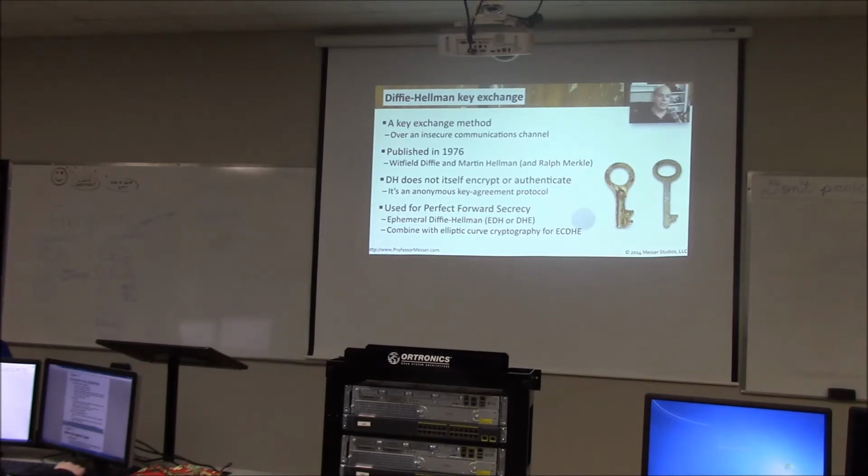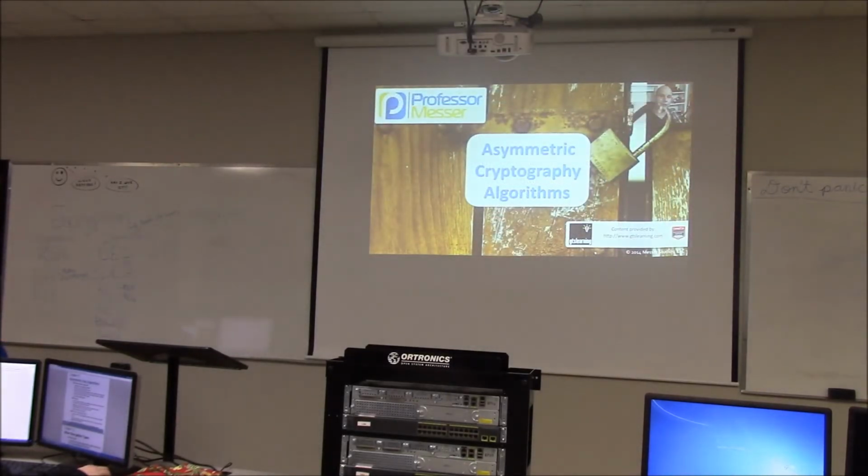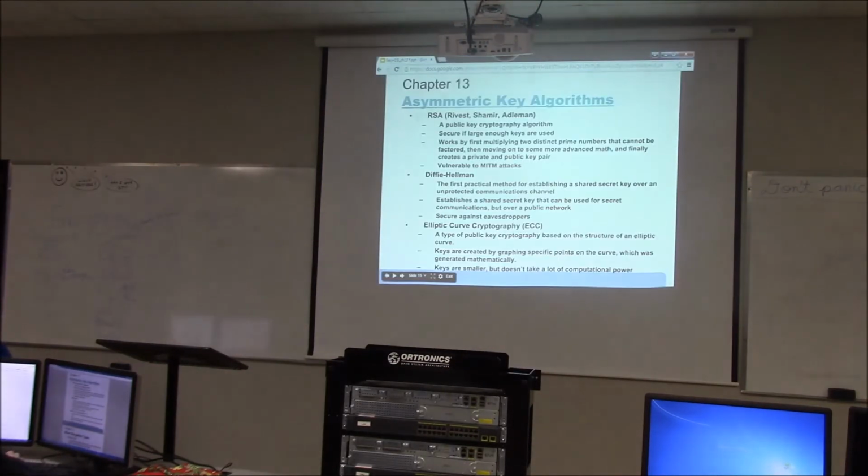So if you ever see a server using a key exchange method of ECDHE, it's really referring to this method that we commonly call perfect forward secrecy. Okay, so that is a little information about RSA and Diffie-Hellman and the differences between those.